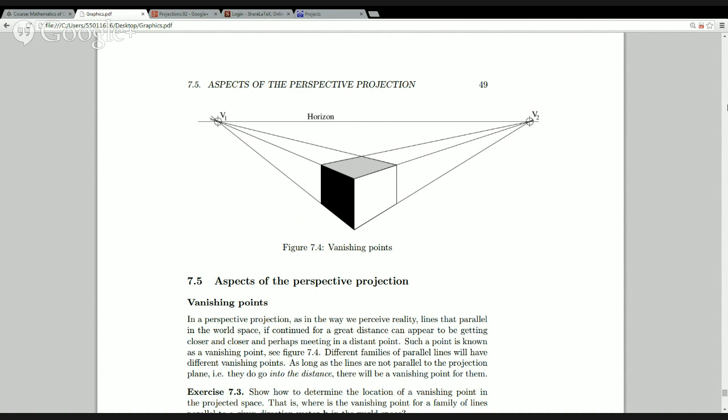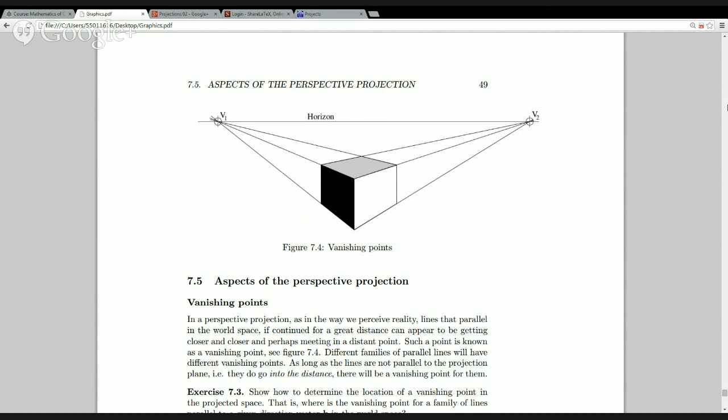So we want the limit as mu goes to infinity of r prime x and r prime y, because those will give us the x and y coordinates of the vanishing point for this line, and all other lines parallel to it in the environment.